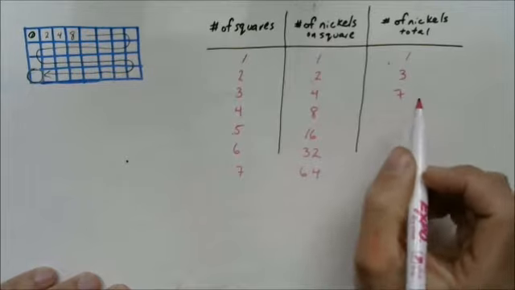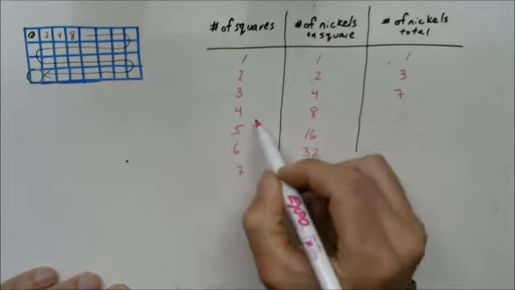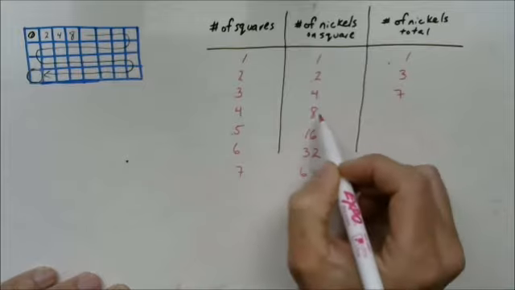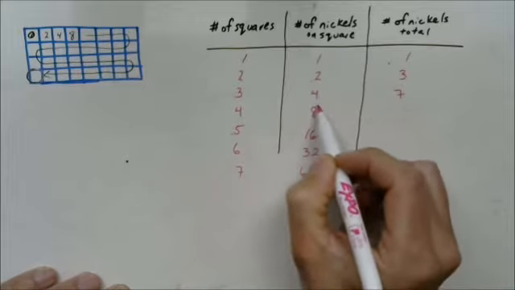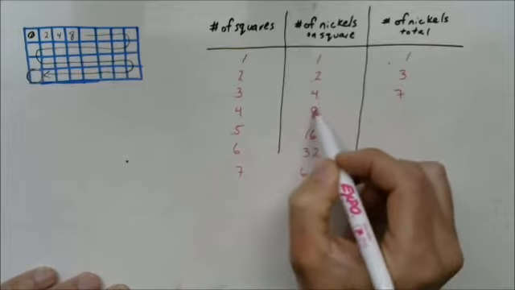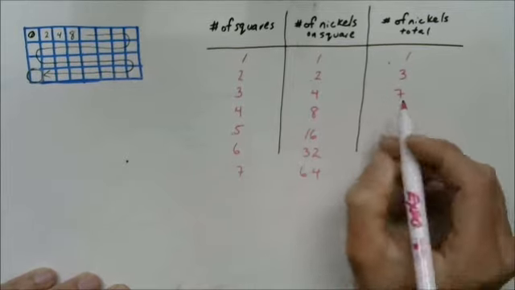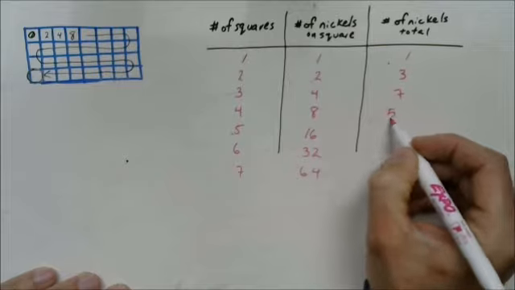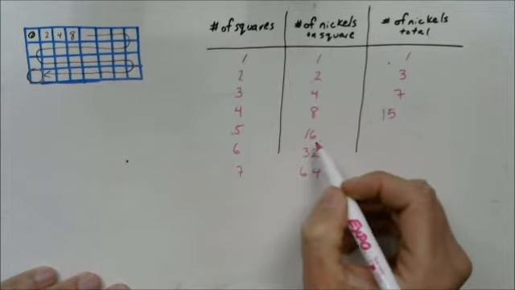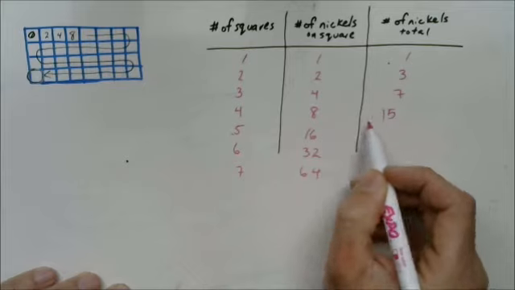And we're going to start to see a relationship. In the fourth, if we add up the total, we have the 8 that are on that square plus the 7 that went before it. Well, look at this. 8 plus 7 is 15. In the next square, we have 16 plus the 15 that went before it.